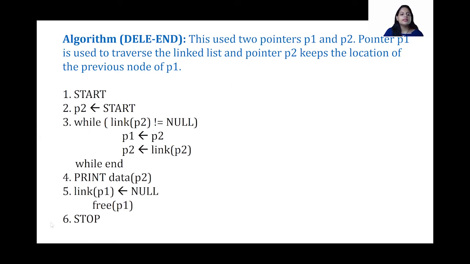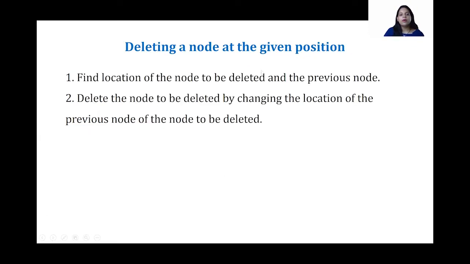Now let's go ahead and see the third type of algorithm or method of deleting, which is deleting at a given position. Okay, so first we are going to find the location of the node to be deleted and the previous node. So here in this case also, suppose this is my start and these are my nodes, and I want to delete this one.